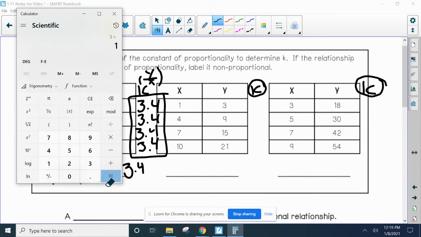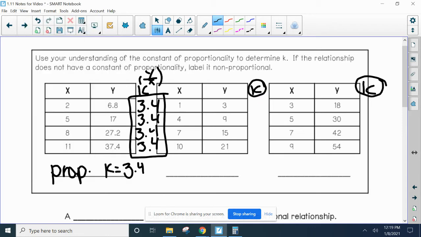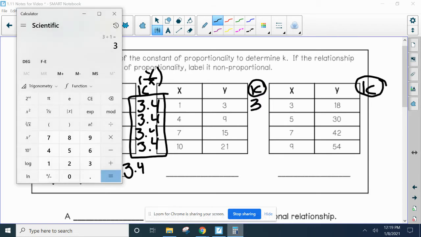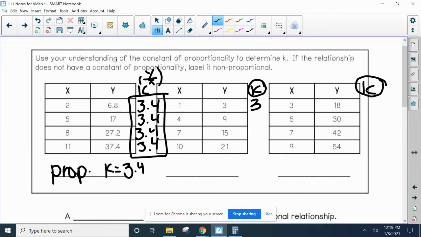We have 3 divided by 1 is 3. Well, duh. We have 9 over 4 is 2.25. If you finish this out, awesome. Because these are already different, I'm just going to go ahead and say that this is not proportional. My k changed. And if I had to bet, it'd probably keep changing.